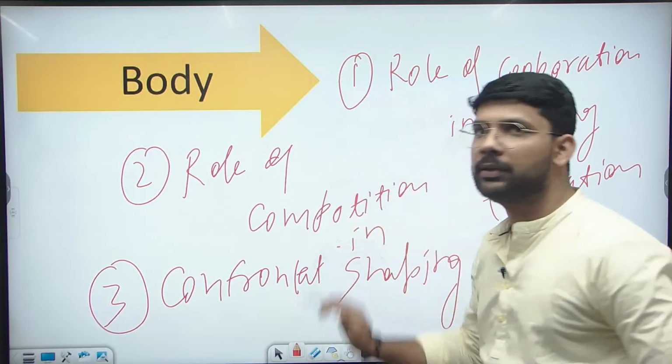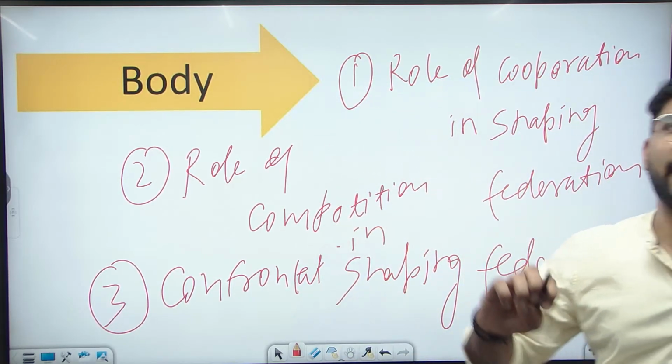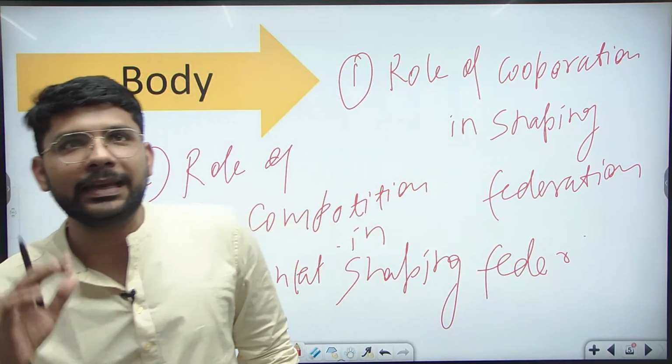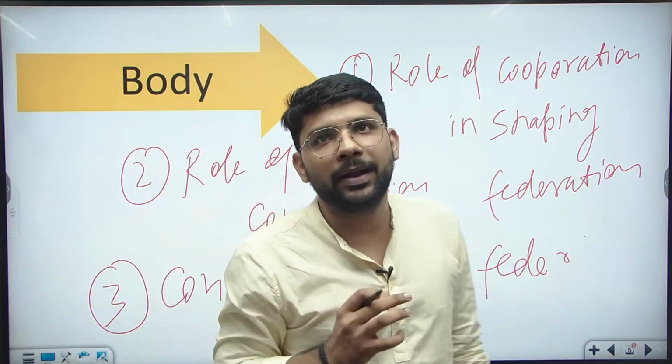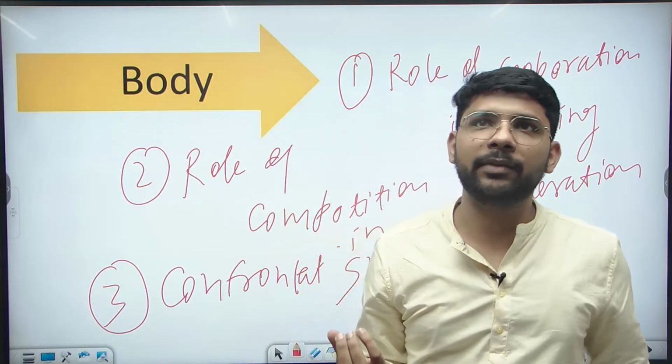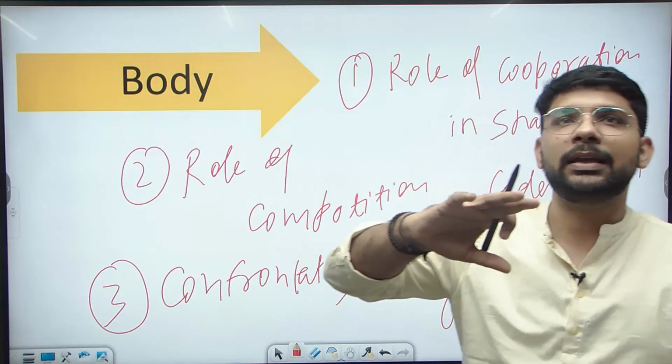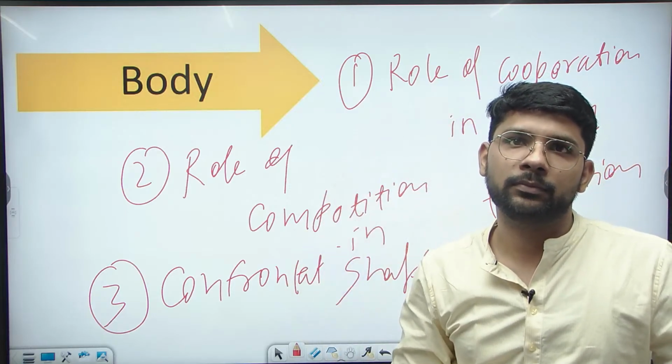We need to write specific points under each subheading. We will make three subheadings. The first subheading will be the role of cooperation between the center and the states, and we need to mention recent examples here.